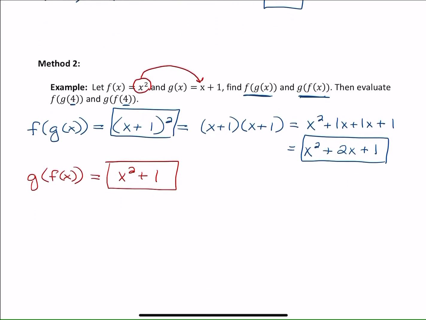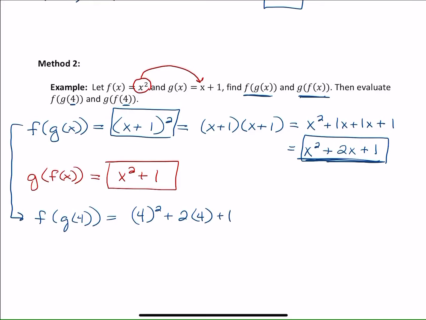And now I could ask you at any point, give you any number to plug in, and you can find the answer. So if I want f of g of 4, I'm going to plug it into this function. So I'm going to have 4 squared plus 2 times 4 plus 1.